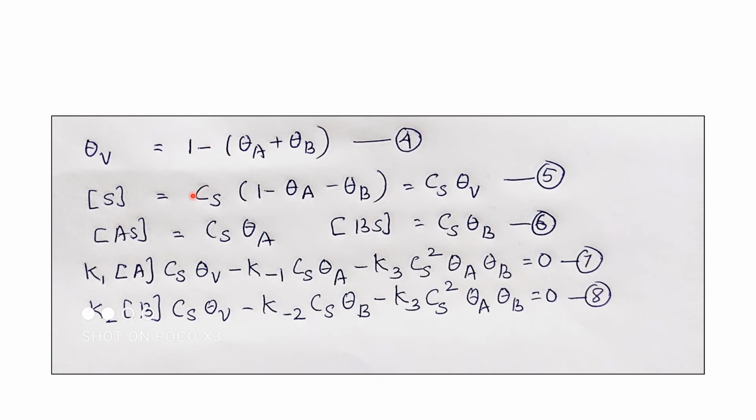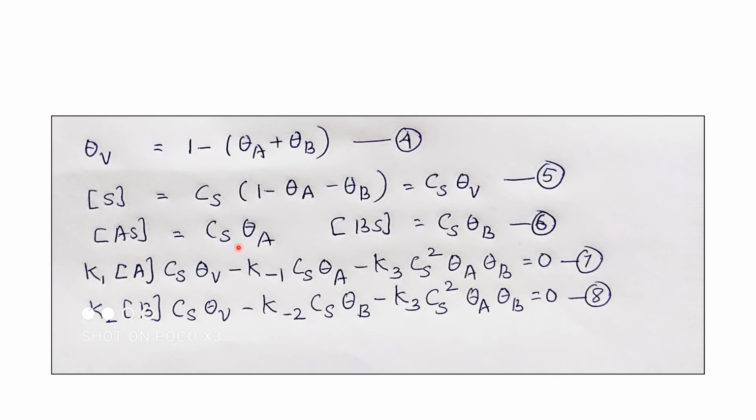If Cs is the total concentration of the sites on the surface, then concentration of S is equal to Cs into (1 minus theta a minus theta b), that is equal to Cs into theta v. Also, concentration of AS is equal to Cs into theta a. Concentration of BS is equal to Cs into theta b.